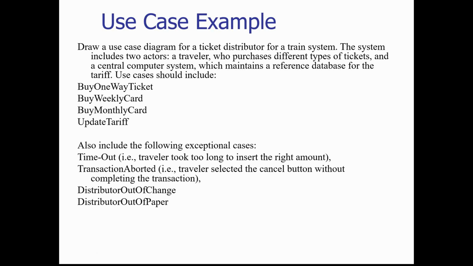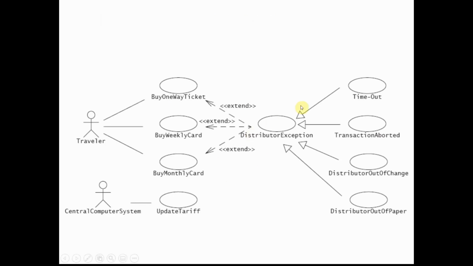What you can do is have one exception, distributor exception, as a parent use case. Then you have child use cases: timeout, transaction aborted, out of change, and out of paper.